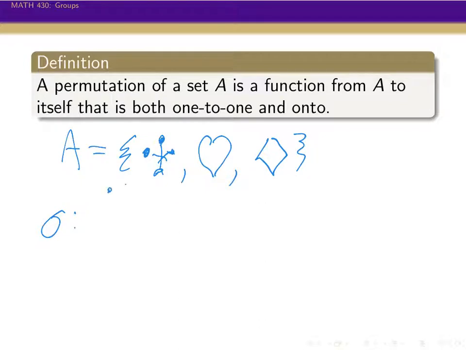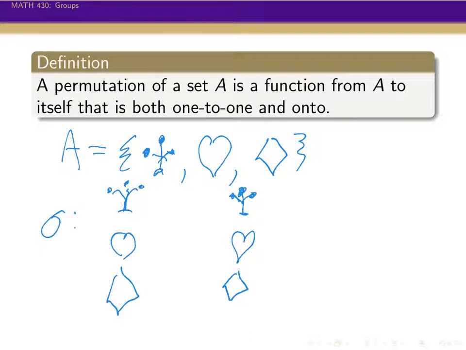And so we can think about it in terms of a set, having our elements. The left side is going to be our domain. The right side is going to be our range. And so we need to come up with a one-to-one and onto function.